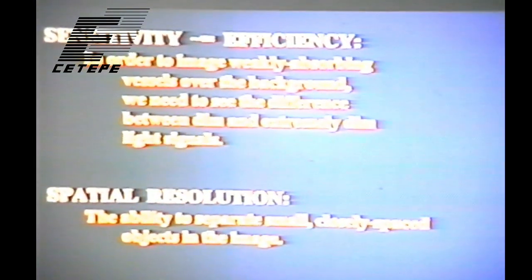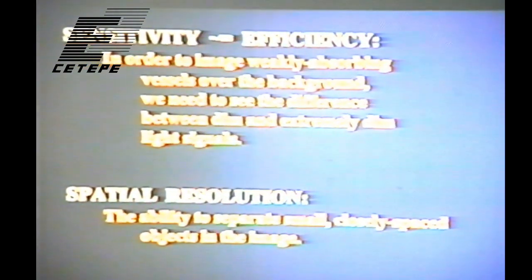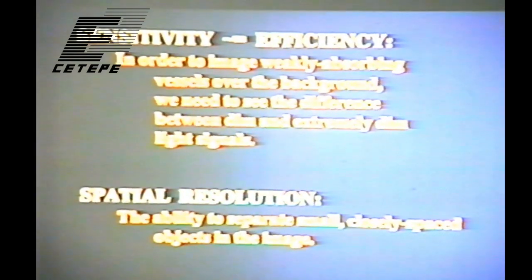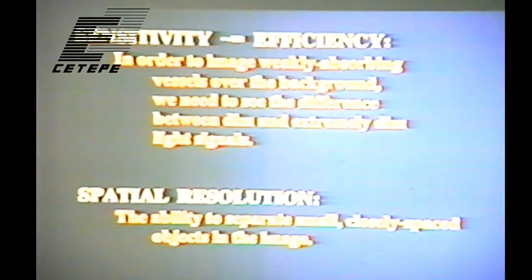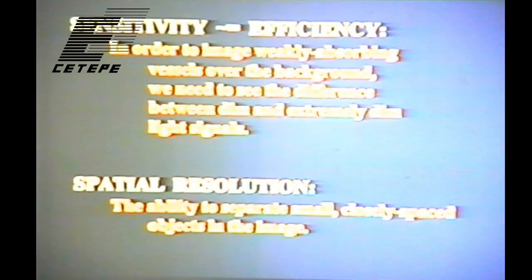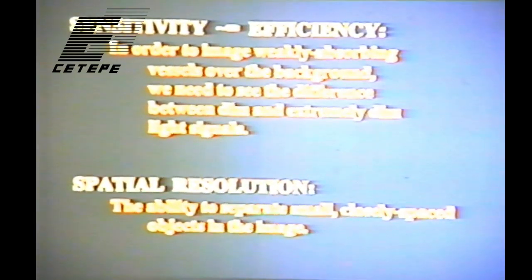I think I've talked about sensitivity and spatial resolution quite a bit without stating what they are. And I think over the next couple days, we'll develop a better feeling in terms of a technical definition for sensitivity and spatial resolution.